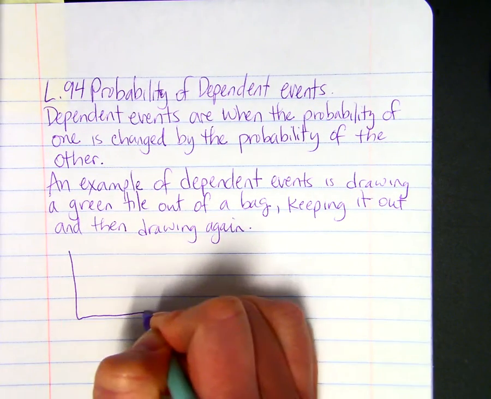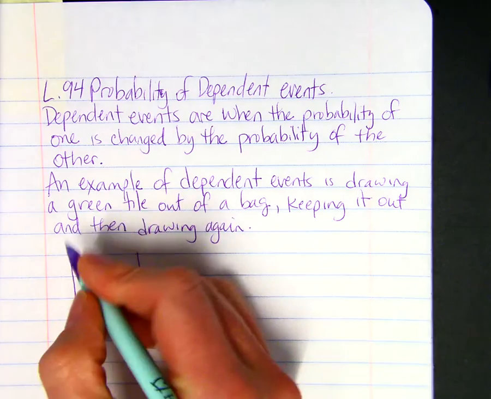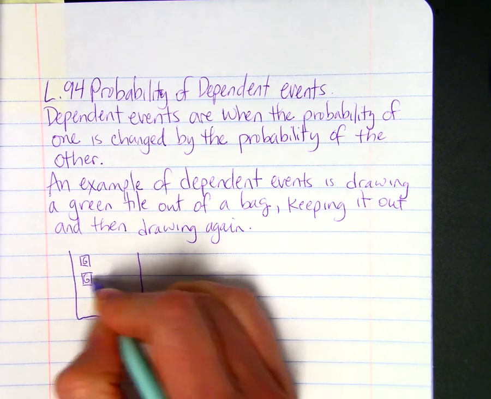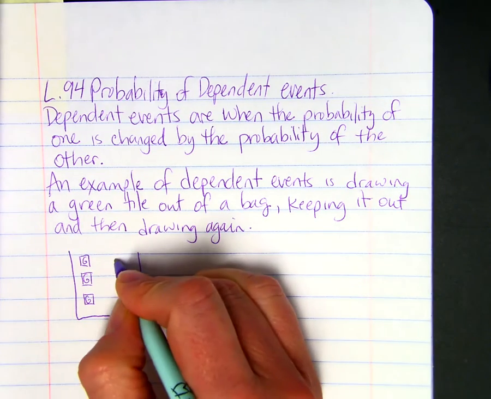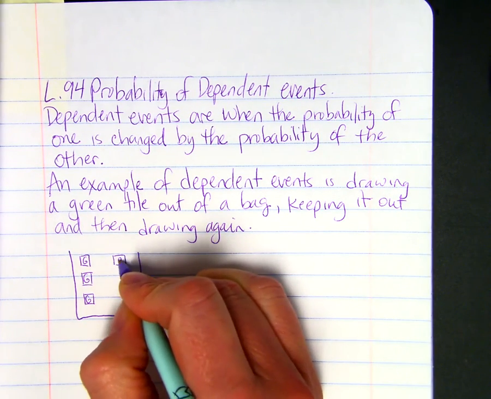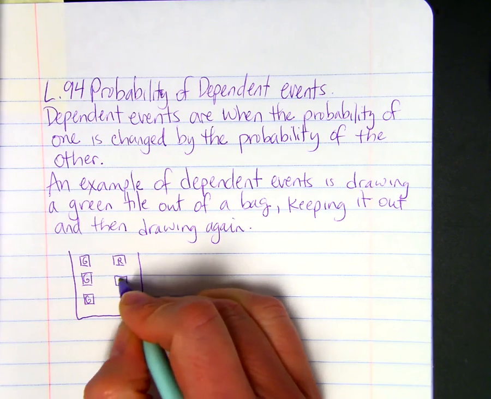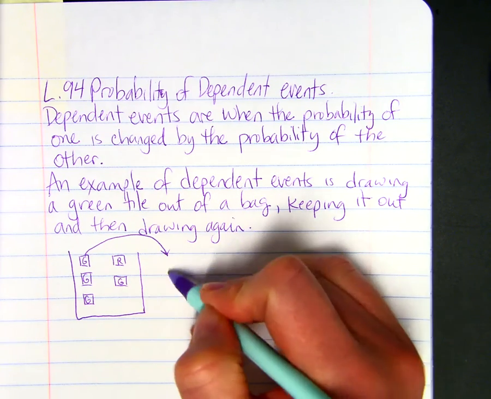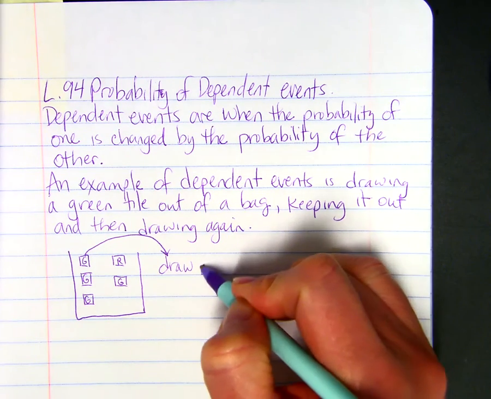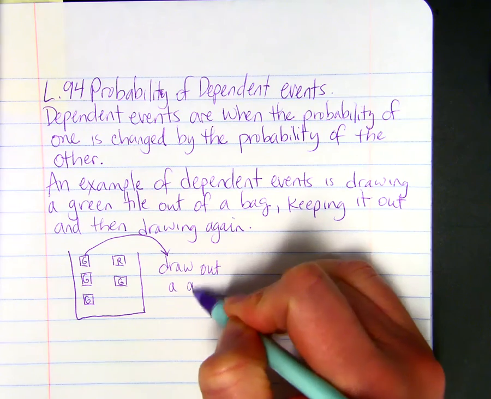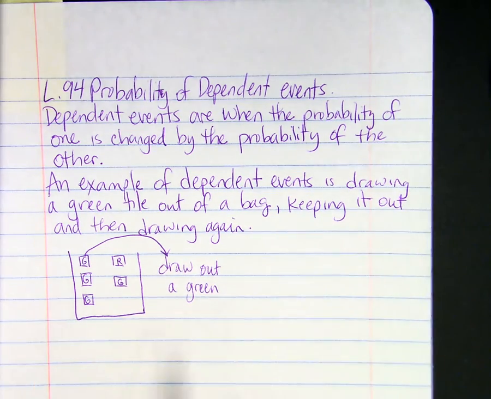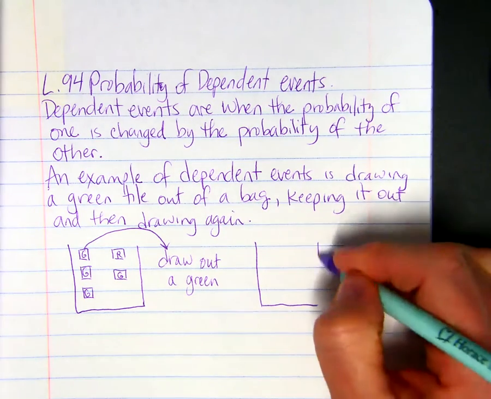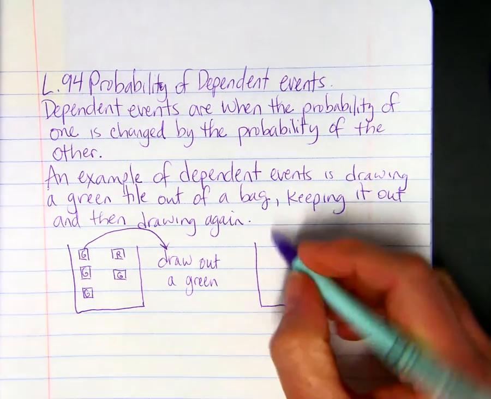So if this represents our bag, and we have 4 green tiles and 1 red tile, and we draw out a green, we're going to leave the green out of the bag. The new bag now has 3 green and 1 red left.